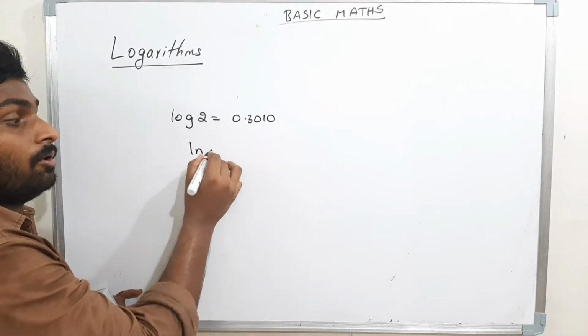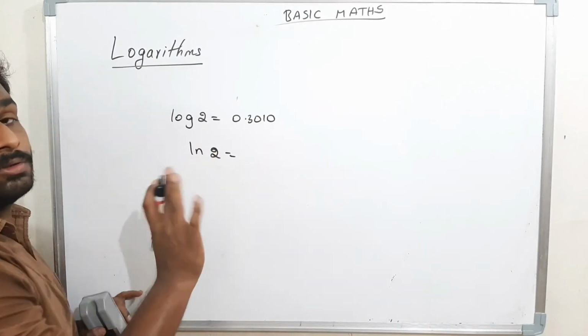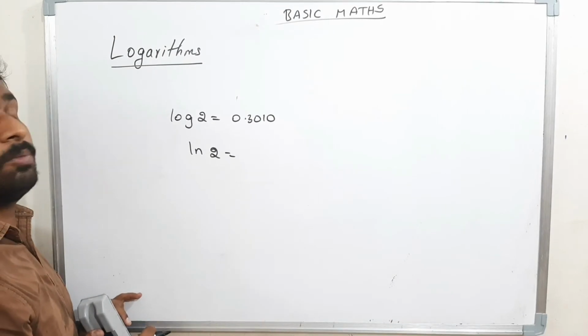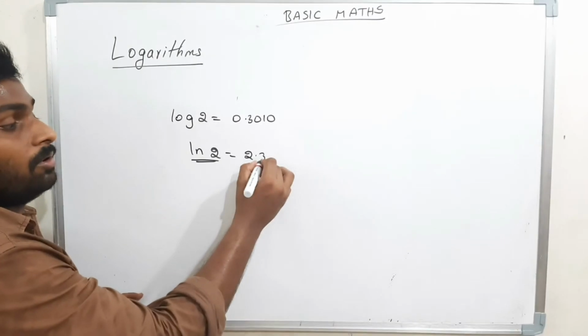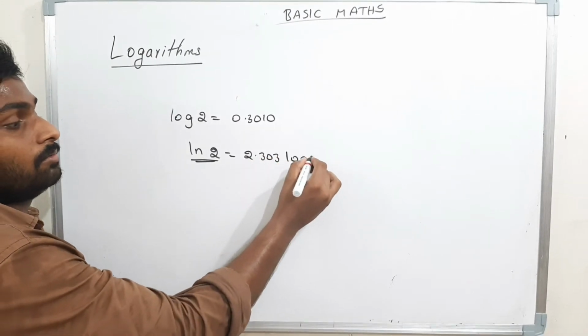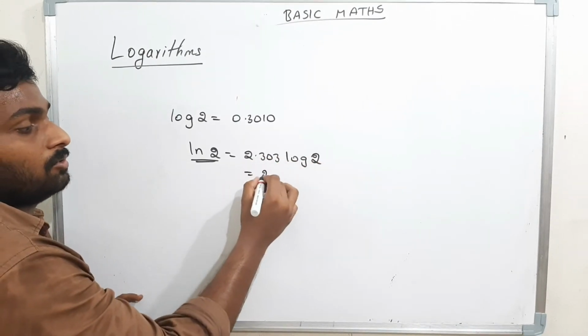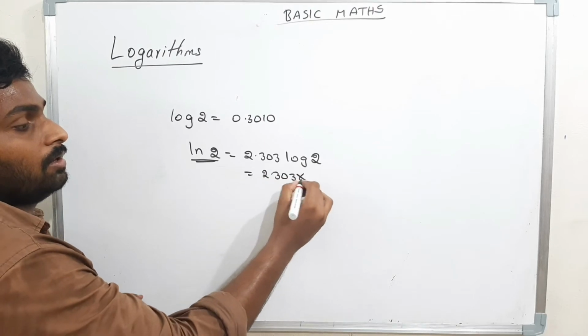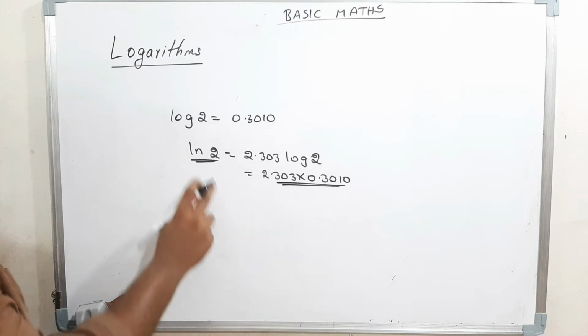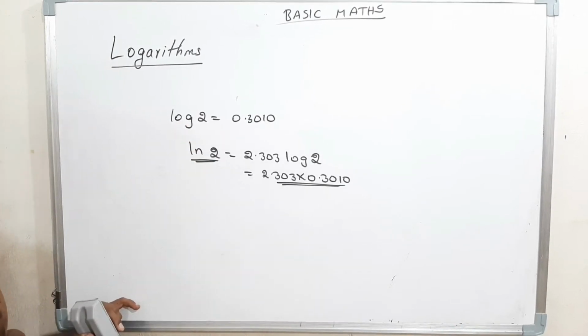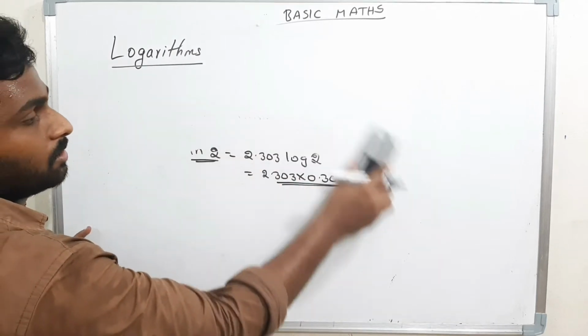What is the value of ln 2? The value of ln 2 is not 0.3010. It is different. What is that? Ln 2 is equal to 2.303 log 2. This is 2.303 into 0.3010 is the answer. That is the difference between log and ln. Please remember, please understand that. Okay. I think logarithms is clear.